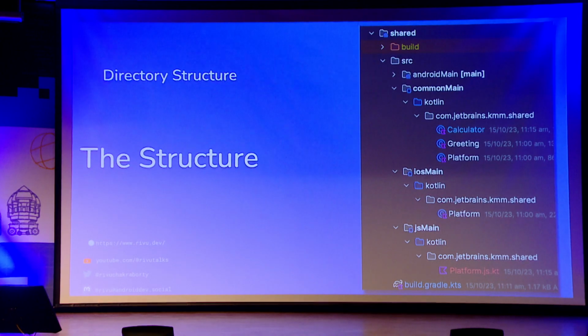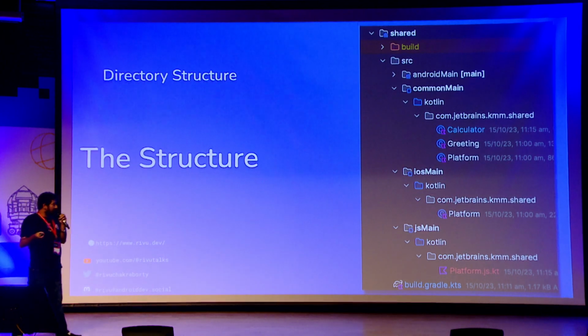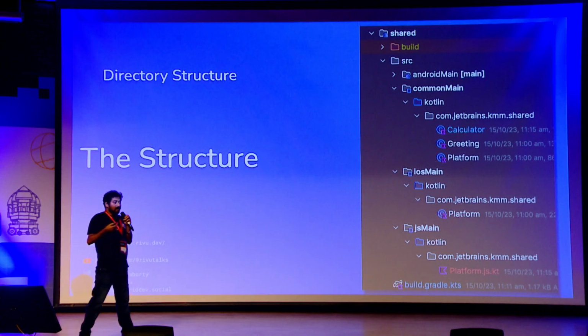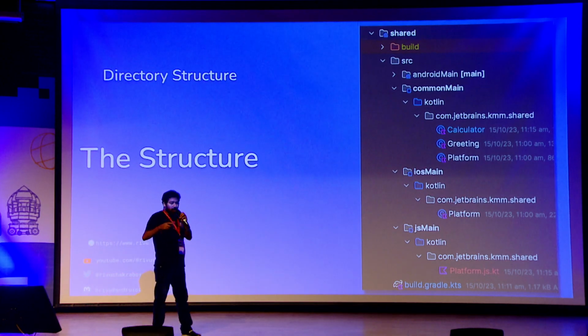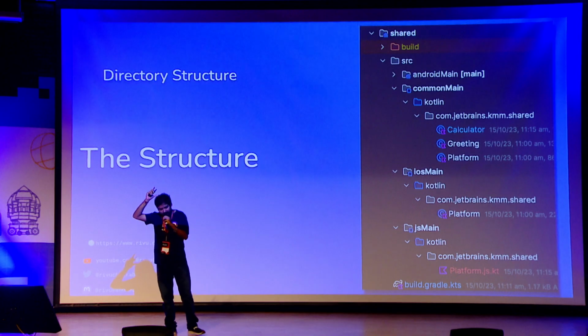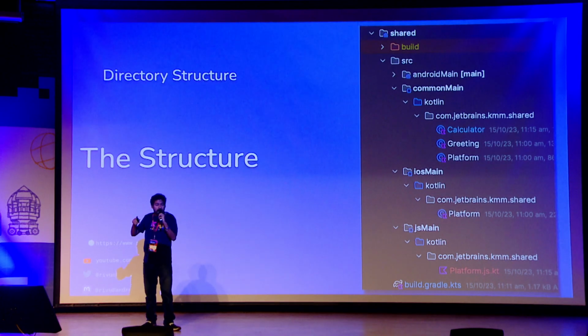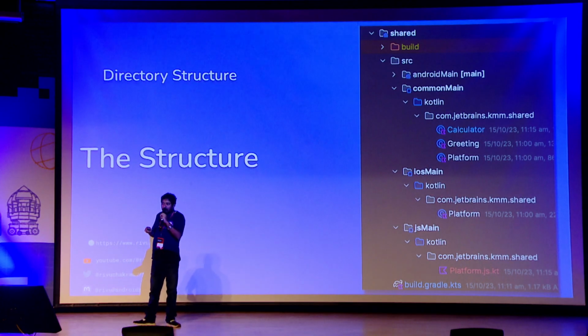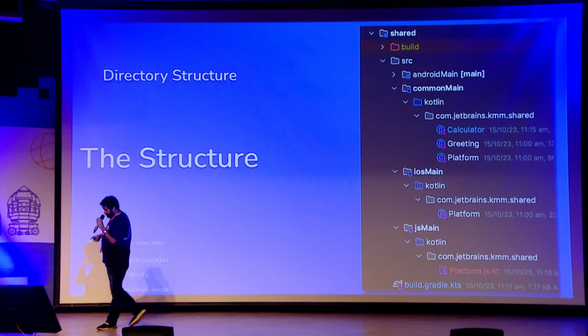That module you export as an SDK, right? For KMP, you anyway have to follow the same structure. Now, inside the shared module, there is androidMain, commonMain, iosMain, jsMain, you can add tvOS main, or whatever other platforms you want to support, right? And when you build it, all comes together.